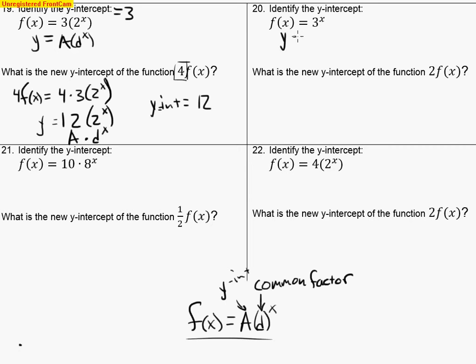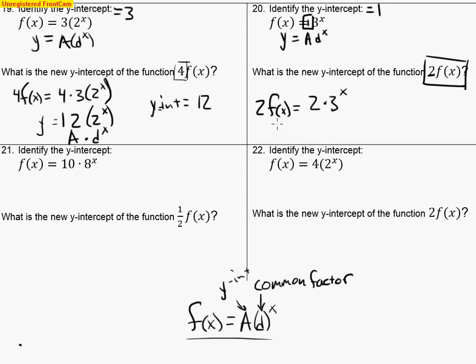Up here, go ahead and line it up again. I have y, this is a little more complicated, d to the x. What is this number that's in front of the 3 that is my a? Well, it's an invisible 1. So my y-intercept here is an invisible 1. What's going to happen if I go ahead and multiply that function by 2? So I take 2 f of x, then I take 2 times my old function, which is 3 to the x.